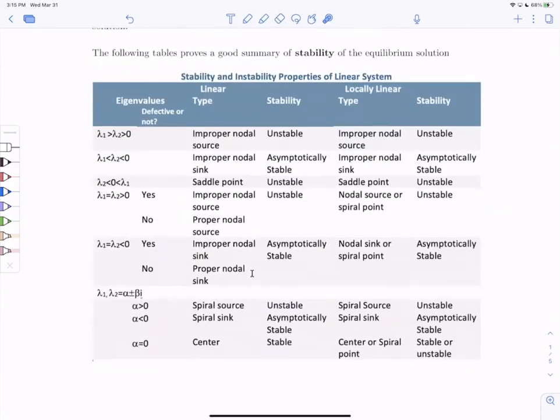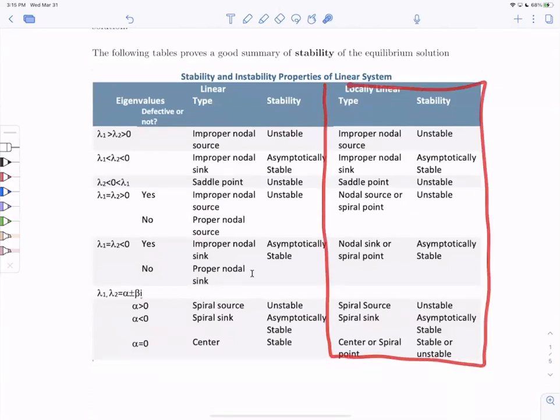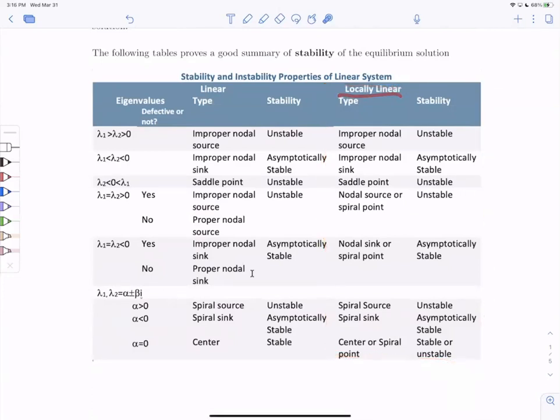It's the same table except I added a few more, which are for local linear. Local linear means that it's almost linear, like after you linearize it. So it's for nonlinear systems, but you can linearize it. You can see that those two parts of the table are almost the same, except for when we have repeated eigenvalues and when we have a center. The rest are identical.